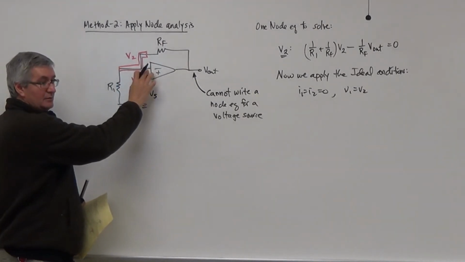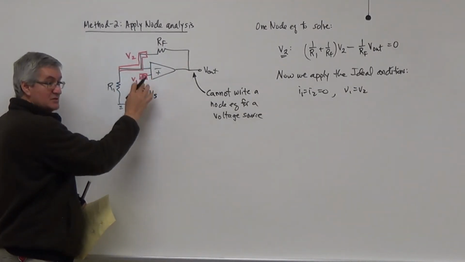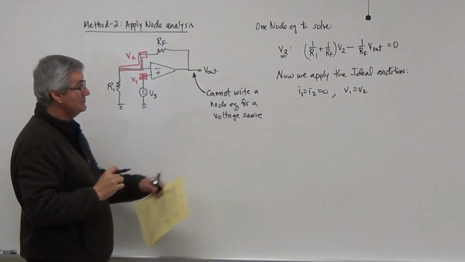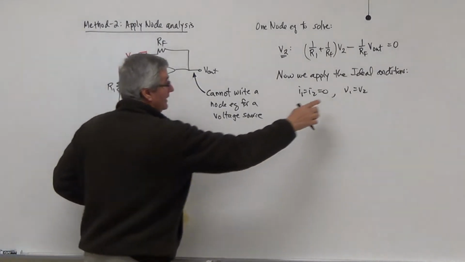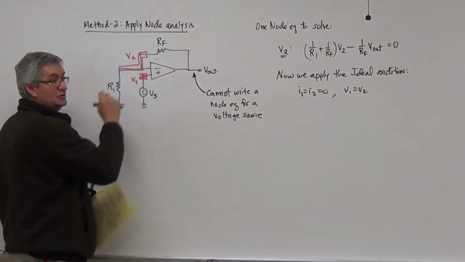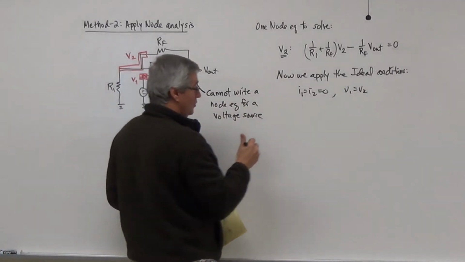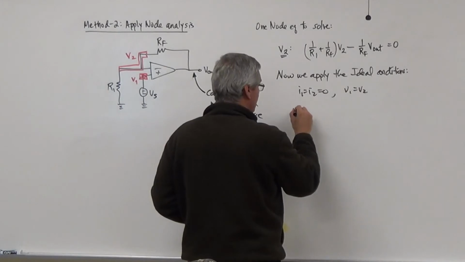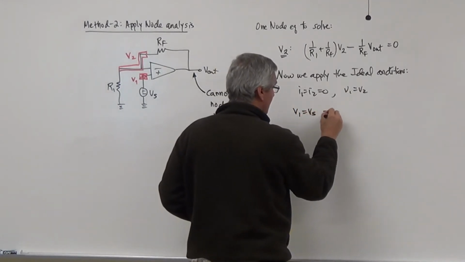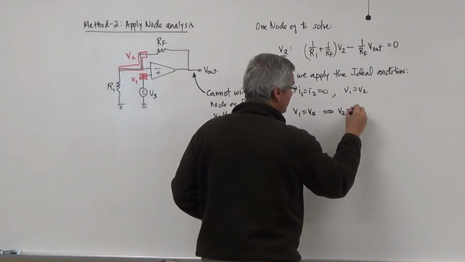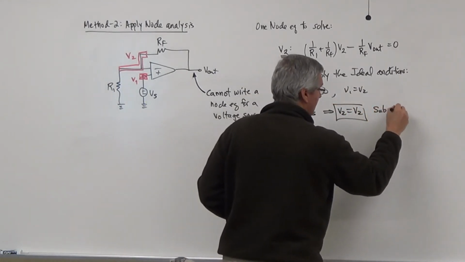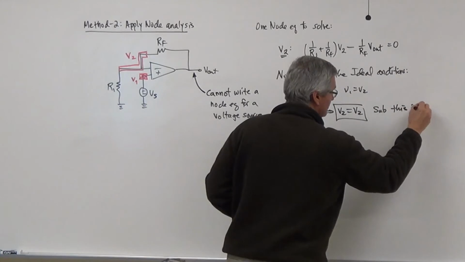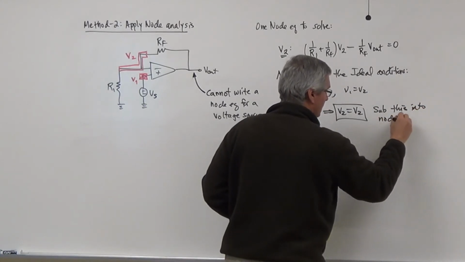There's no current around this branch, so this gives me nothing because there are no resistors there. The second thing is that it forces these two nodes to be the same. So V1 is equal to Vs, which then tells me that V2 must be Vs. Now I sub this into the node equation.